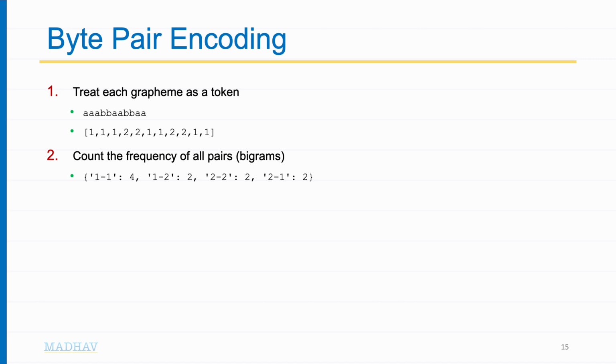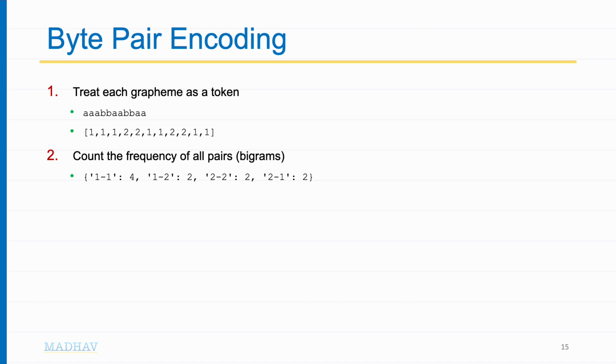So apply this once, get the highest occurring pair, and then change your sequence. I will show you. Which is the highest occurring pair? 1 represents the a sound, 2 represents the b sound. So 1, 1 is AA, this is AB, BB, and this is BA, and their frequencies are listed here.